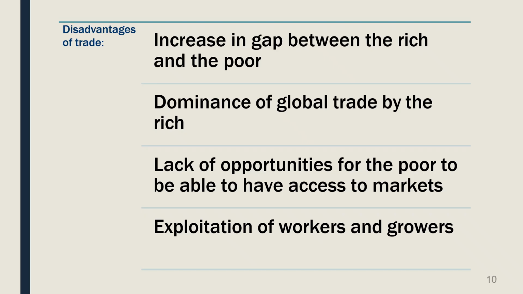This results in the dominance of global trade by the rich, who control production, pricing, and market access. Meanwhile, poorer countries and small producers face a lack of opportunities to compete or access international markets, often due to limited resources, technology, or infrastructure.